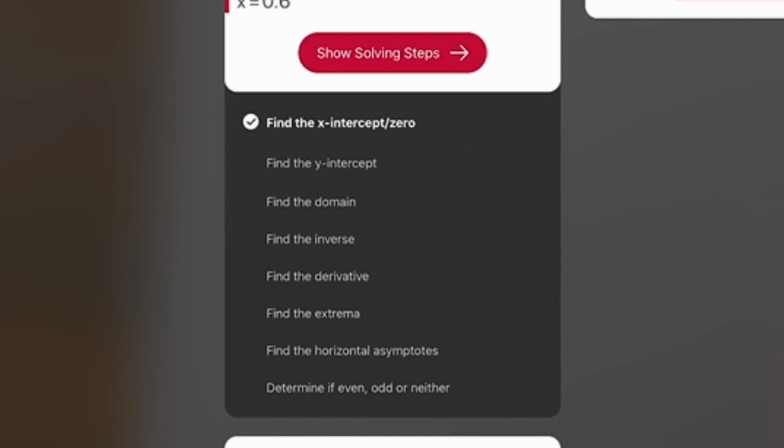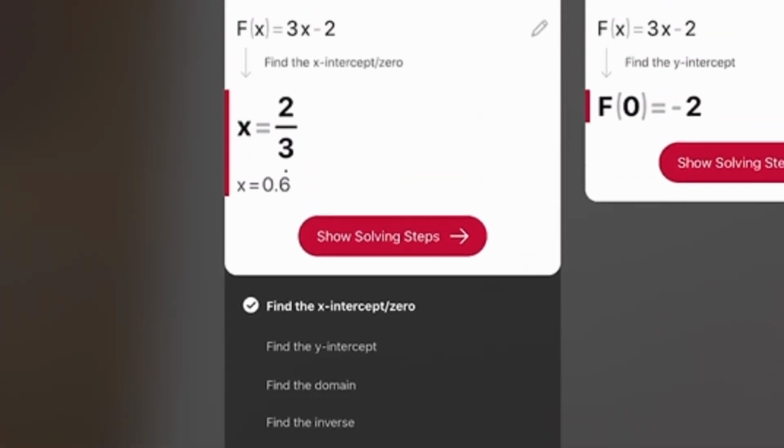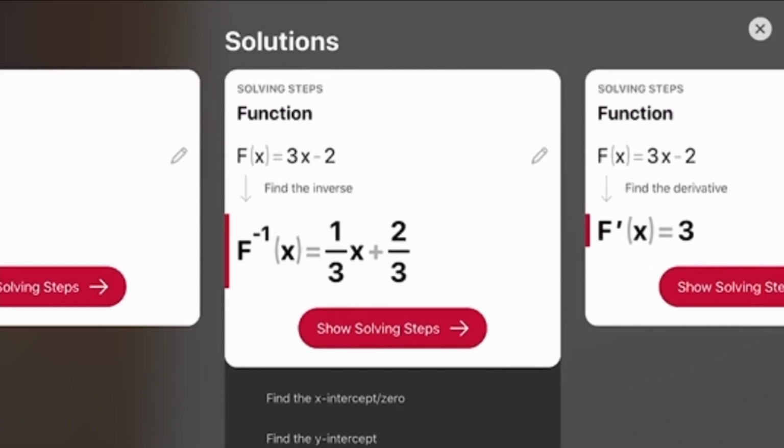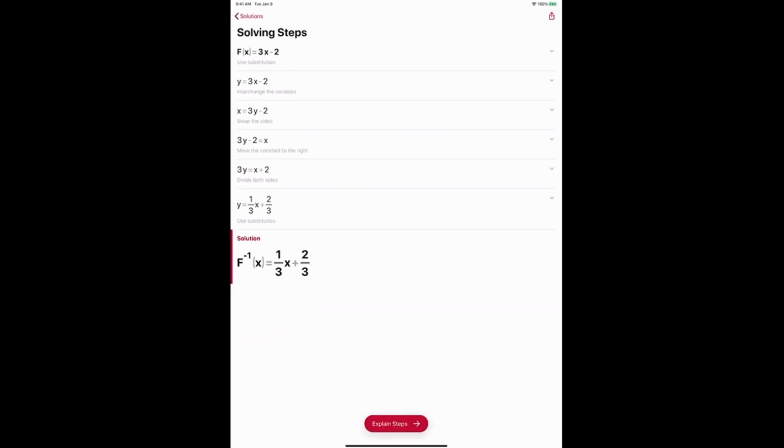So now you as a user can interact to find the solution you want. The fourth one is find the inverse. I'm going to click on that. There we go. Now here at the top, in the middle, you see find the inverse, and then we can show the steps, and it found the inverse of the function. And I know this is grade 11, 12 math in high school.